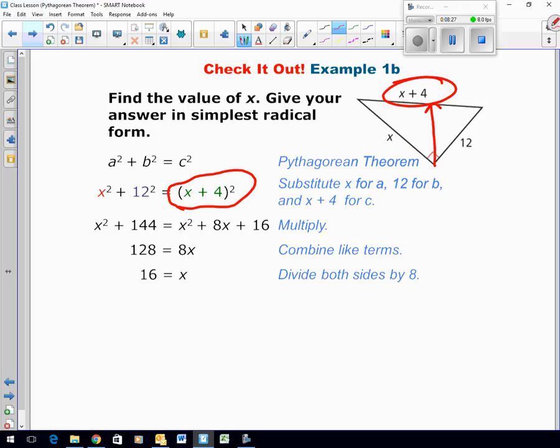FOIL or box, right? Distribute, multiply it by itself. Those are all the same concept, okay? You've got to take x plus 4, multiply it by itself by distributing it to itself using FOIL or the box method, right? I just want you guys to make sure. It's probably been a year or more since you've seen that, so I'm going to show you that again today. Any questions on that? No, sir.